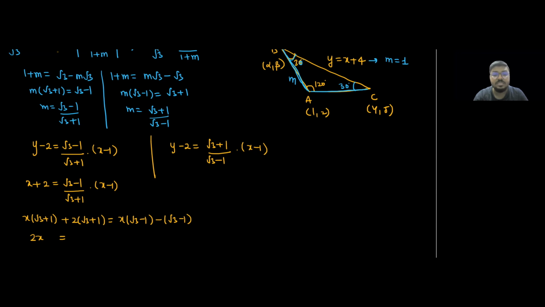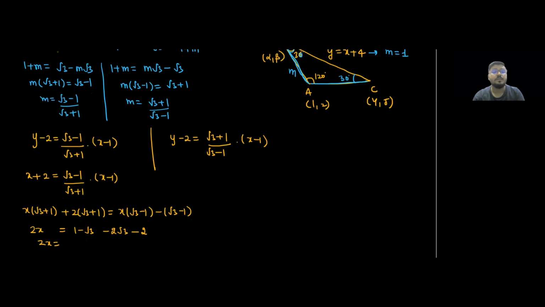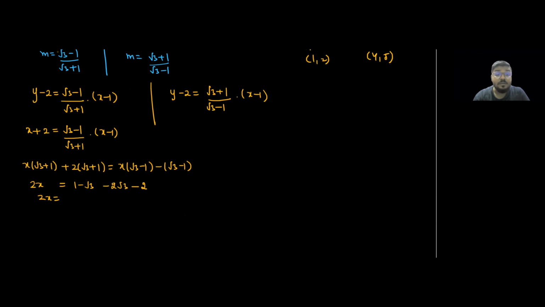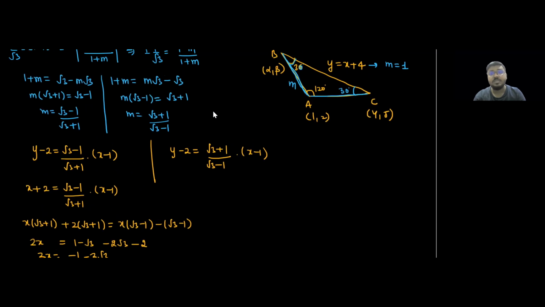That will give us x times 1 plus 1, that is 2x, equal to the remaining, minus 2 root 3 minus 2 and minus root 3 plus 1, so we are getting minus 1 minus 3 root 3. So x is (minus 1 minus 3 root 3) divided by 2. This is an x value, which means either this is alpha or this is gamma.